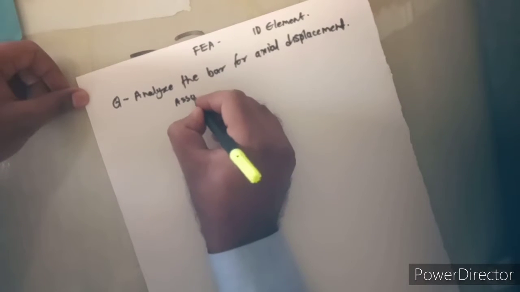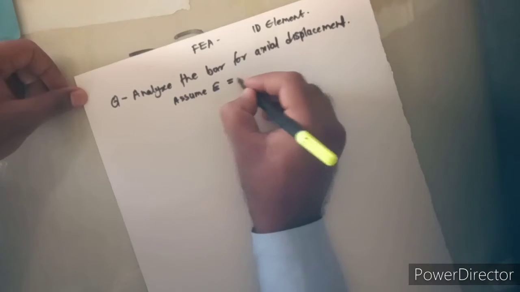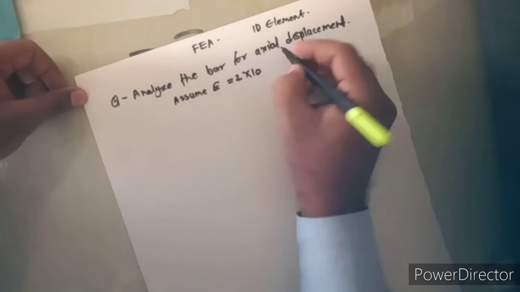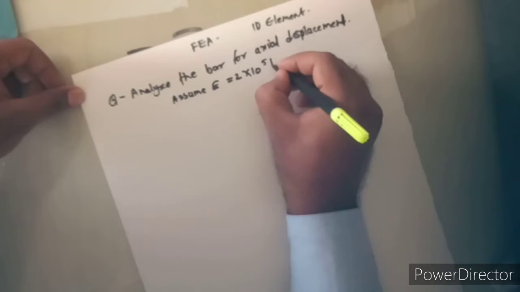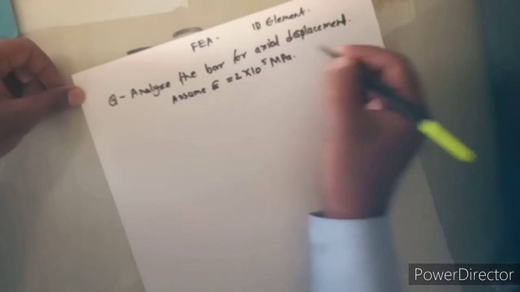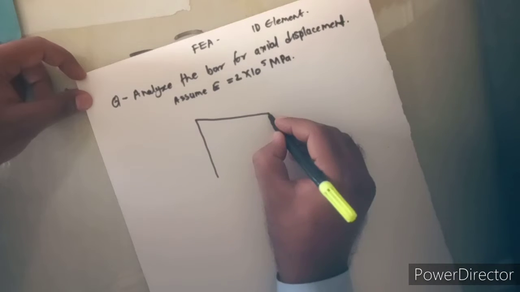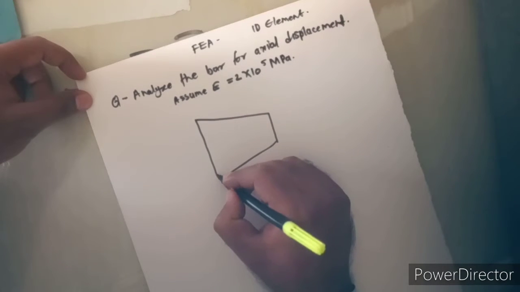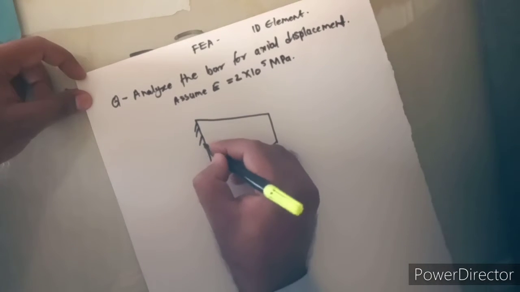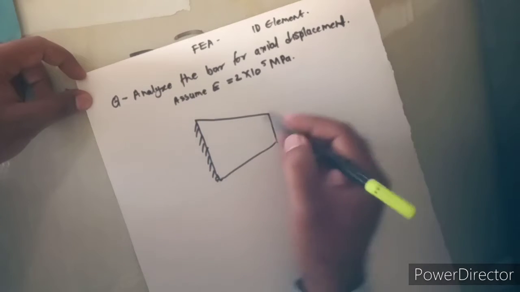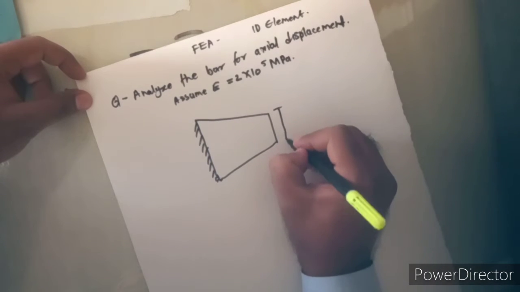Assume E is equal to 2 into 10 raised to 5 MPa. One diagram is given. This is a fixed side of the bar.